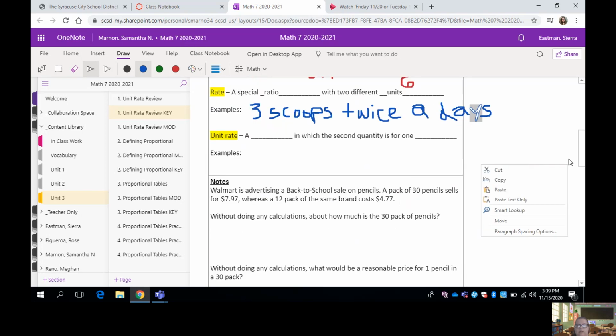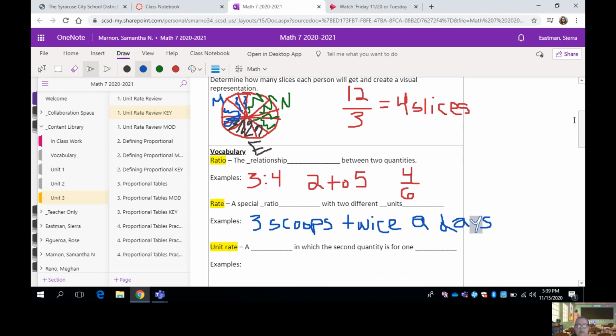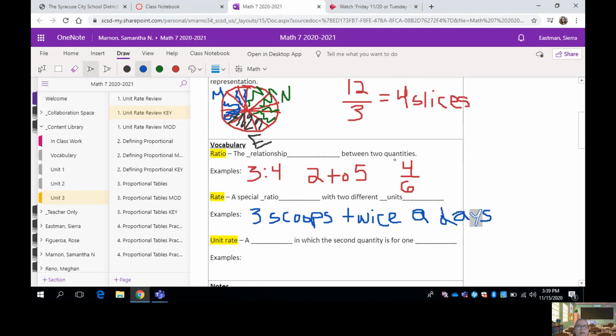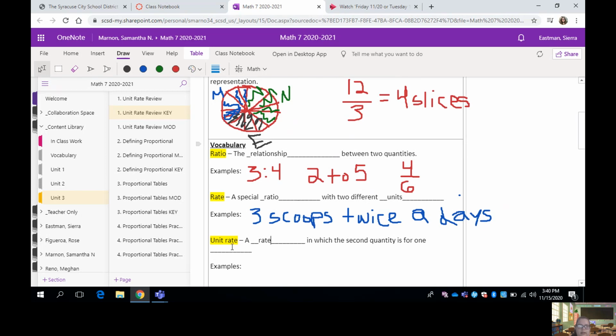Okay, so our ratio is the relationship between 2 quantities. Rate is a special ratio with 2 different units. And then we have a unit rate, which is a rate, like it's in the word, right?